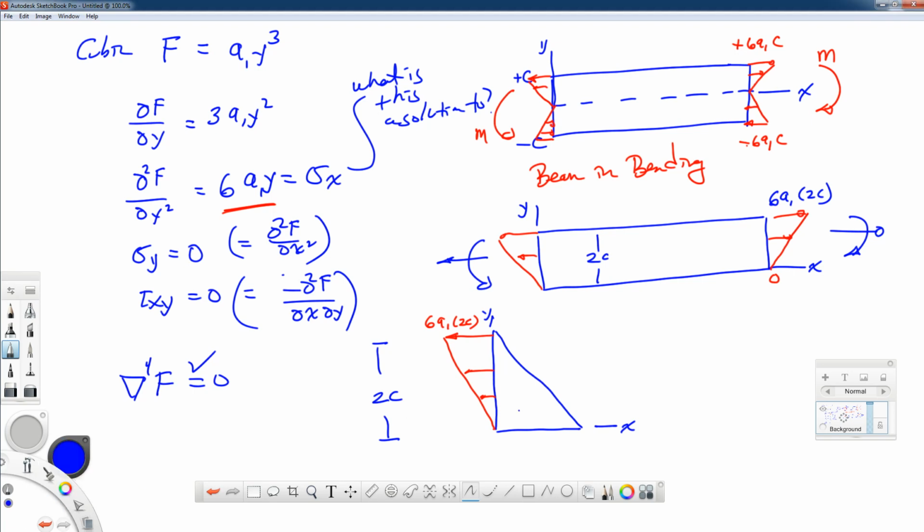But if we have a wedge at an angle, and just to make this easy, let's do a 45-degree angle, we're going to have a combination of tractions on this slanted surface. Okay, I'm going to have to be careful how I draw this. The tractions will vary from 0 to some value. There will be a shear traction, and there will be a tensile traction.